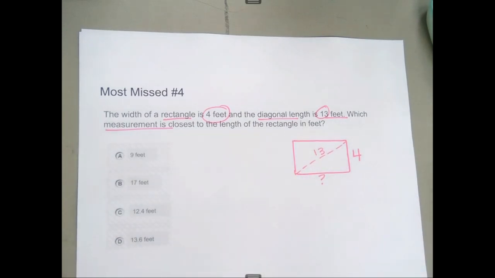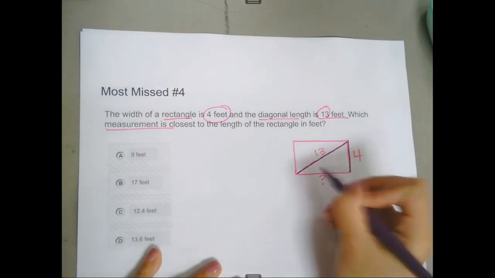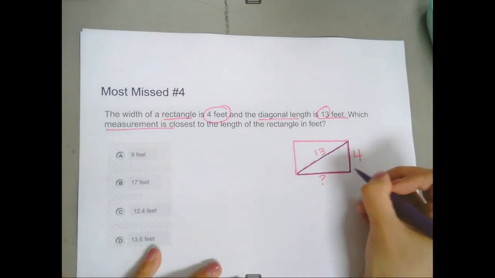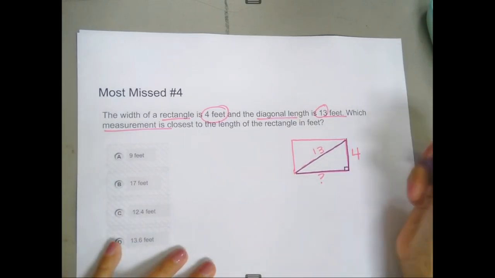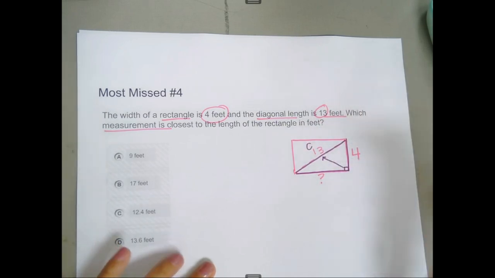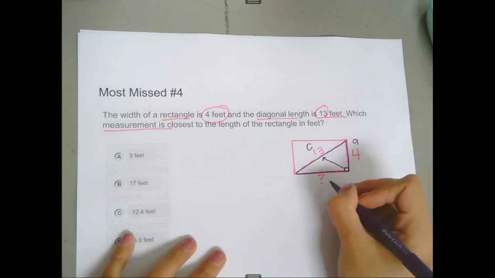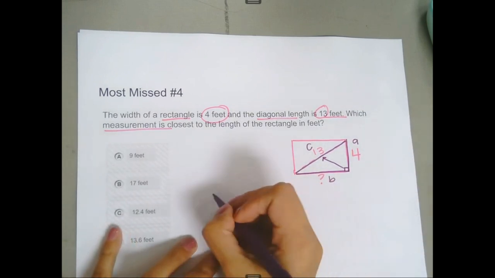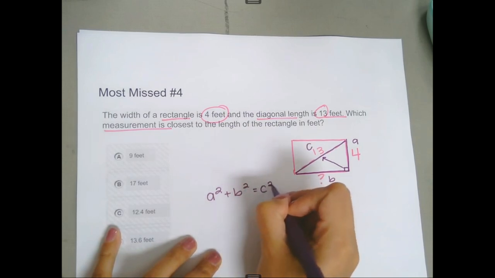So I see that I do have a right triangle right here. And I know that a rectangle has 4 right angles, so I'm going to draw my right angle in the corner. And when I draw that arrow over, that means 13 is now my C. So I'll make 4 my A and the question mark my B. A squared plus B squared equals C squared.